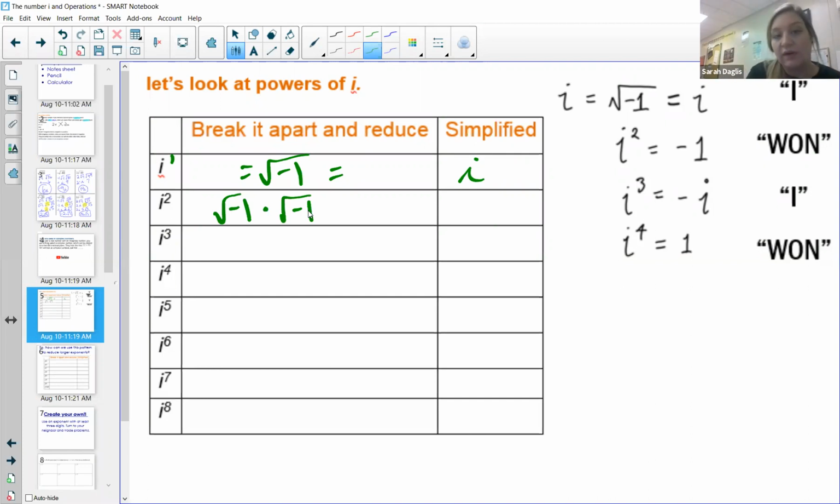Well, any radical times itself, the radicand gets to be canceled. That's the same thing as saying the square root of -1, squared. So the square root and the square cancel out, and it simplifies to just the number -1.